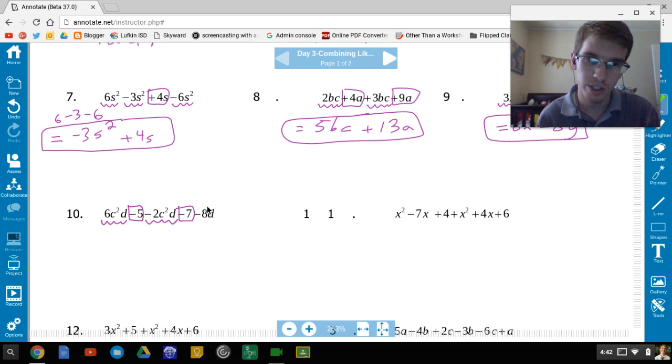I'm going to just circle that one. That's all by itself. So we're going to have 6 minus 2, so 4c squared d. I'm going to bring this down to minus 8d. And then minus 5 minus 7 should be minus 12.